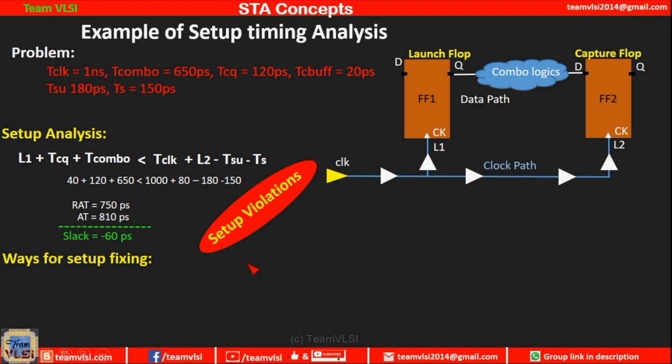So what are the scopes to fix that? I will divide the various paths where we can fix that. First of all, let's discuss this data path where all the combinational cells are sitting, and say it's path 1. So in path 1, what can we do?